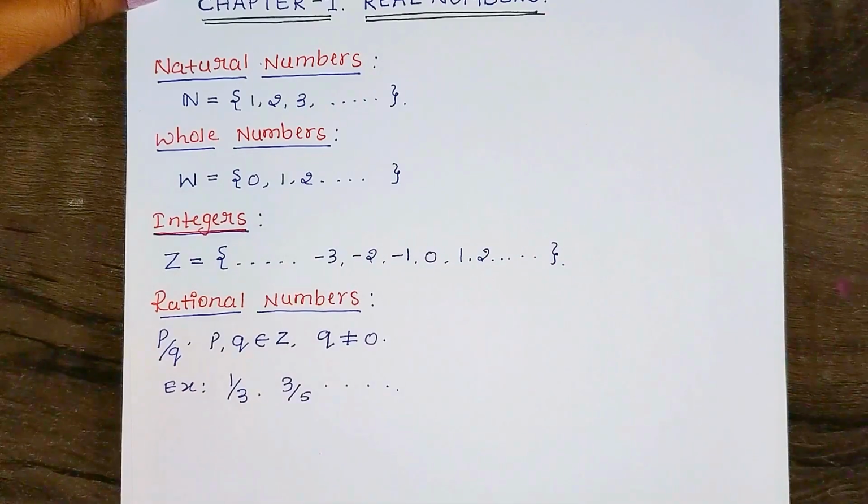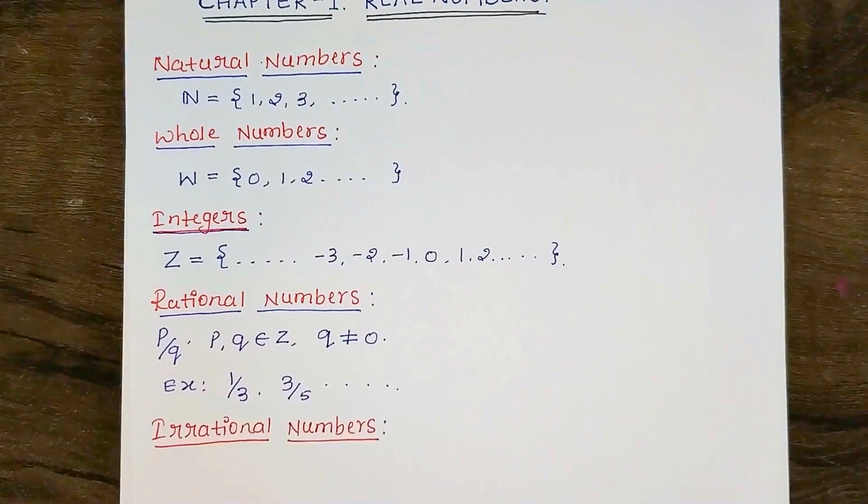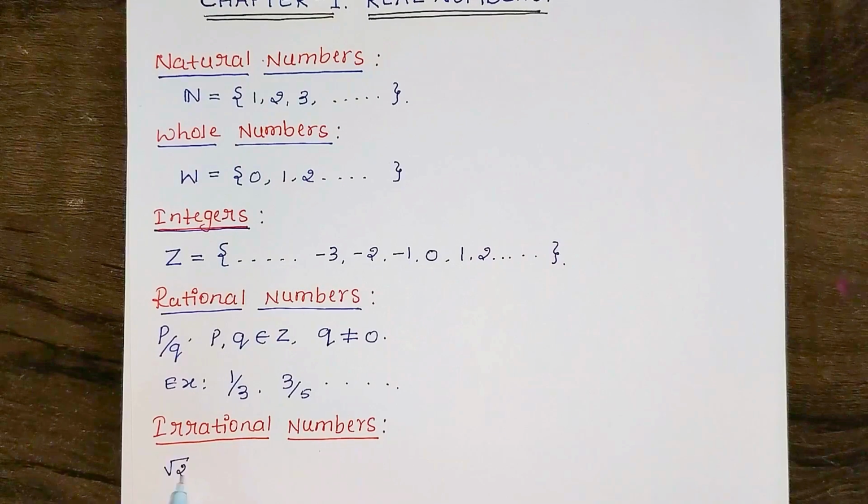So these all are rational numbers. Then there are wild numbers like root 2 or pi, that never end and never repeat. We call them irrational numbers. The definition of irrational numbers: the numbers which cannot be expressed in the form of p by q.